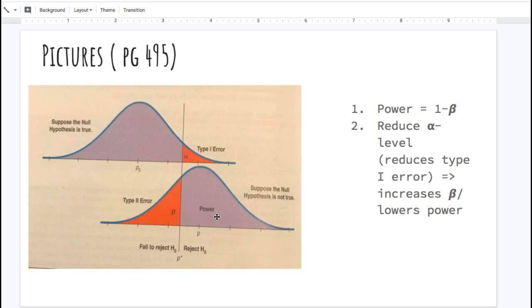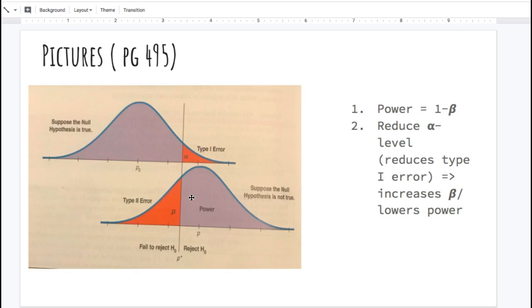These two things add to 1. Basically, our ability to reject the null hypothesis when it's false plus failing to reject the null hypothesis when we were not supposed to adds to 1.